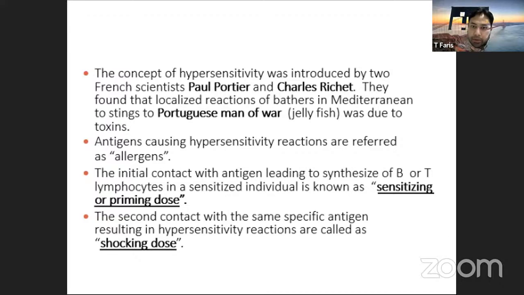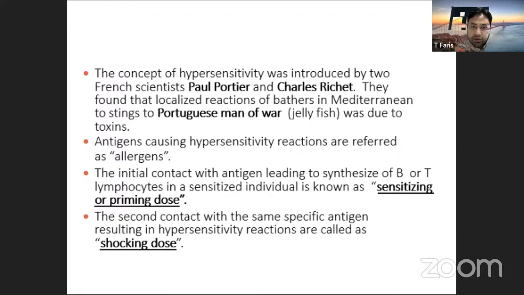People also used to say that this is a kind of allergen. The initial contact with the antigen leads to the synthesis of B or T lymphocytes, your defense immune cells, in a sensitized individual, and is also known as the sensitizing dose or priming dose.